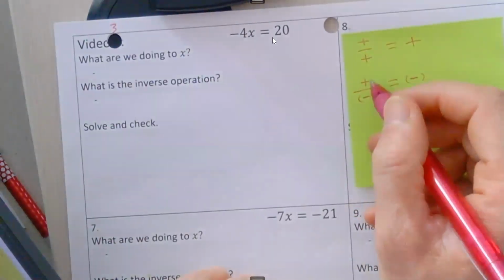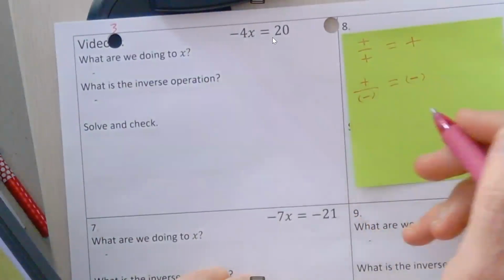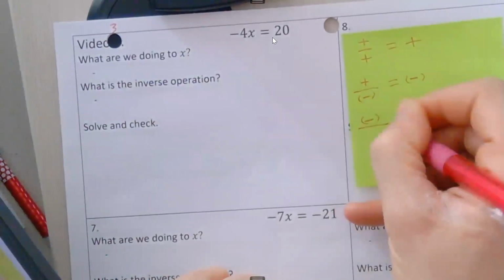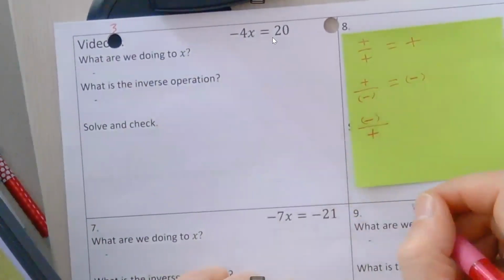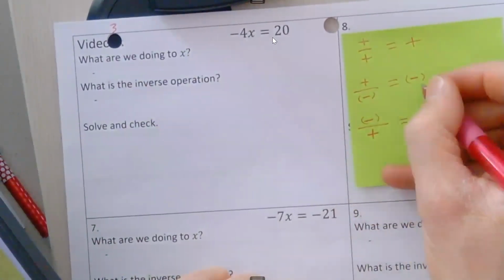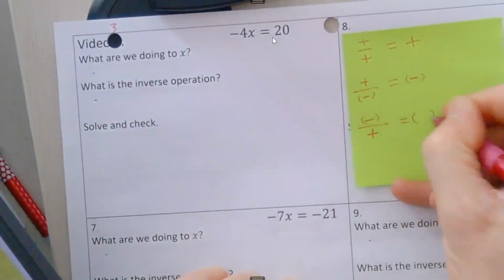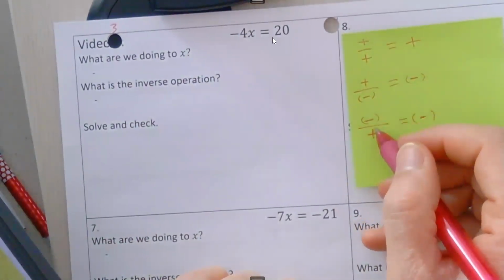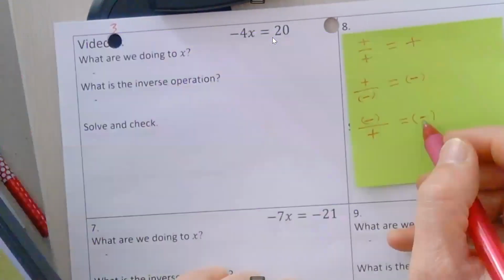Notice there's one negative here, so this is negative. If our numerator is negative and our denominator is positive, this is also negative. There's one negative in the division. The result is negative.